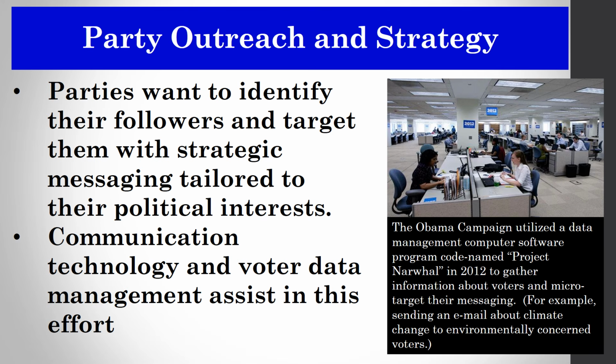Imagine someone who was very environmentally conscious or concerned about climate change, then a lot of the messages that would go to them would be targeted towards environmental issues. And this micro-targeting was remarkable, and you saw it used to great effect on behalf of the Obama campaign.